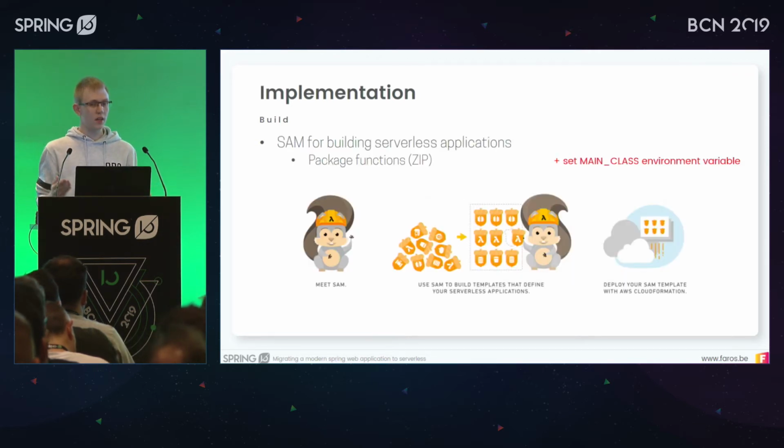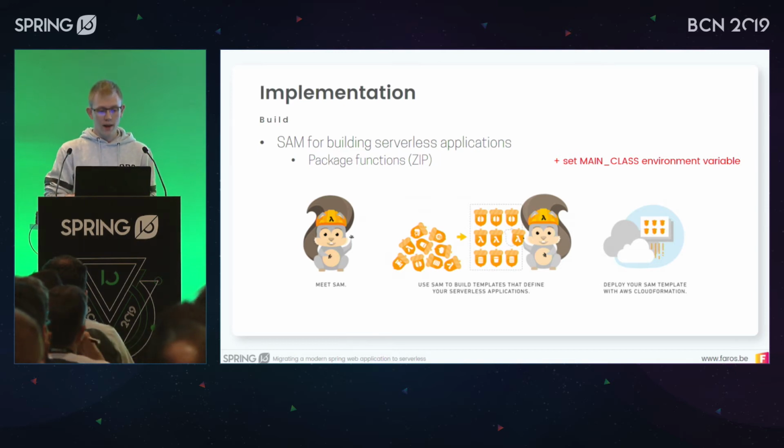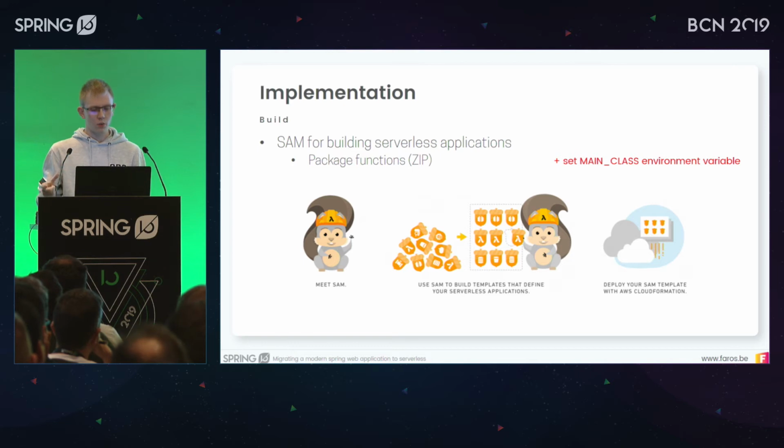The other option for building is SAM, and this is what we chose in the end, which will be expanded upon with operations. SAM was used to package our functions as zips. SAM also works slightly differently from the Spring or Maven compiling process, as it doesn't allow us to run the zip as a file.